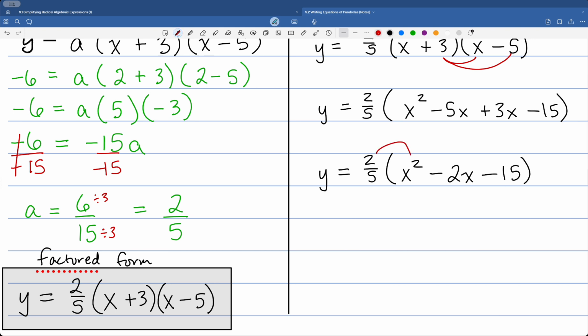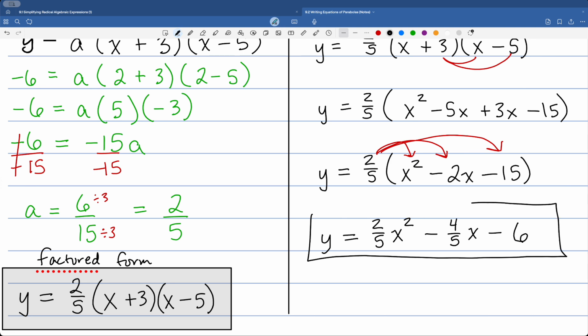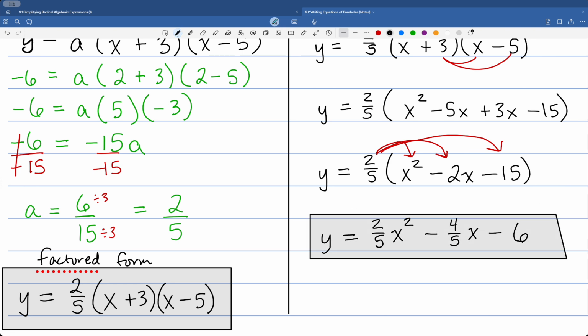And then we're going to distribute the 2/5 into each term, leaving us with the final form of y equals 2/5 x squared, minus 2/5 of 2, which is 4/5 x, minus 2/5 of 15. 5 and 15 are going to reduce to 1 and 3, so this is minus 6. So this is standard form.